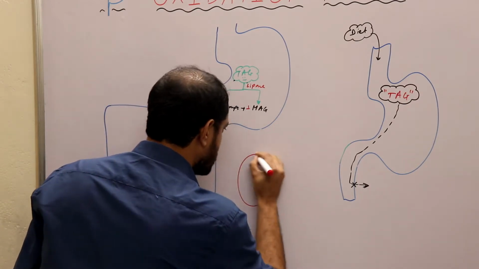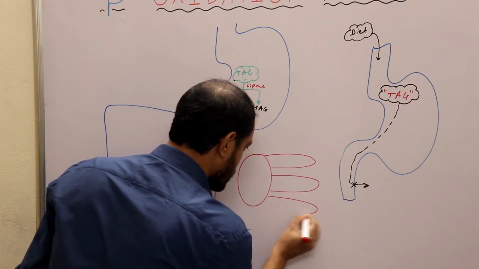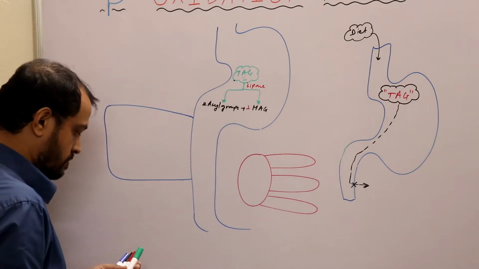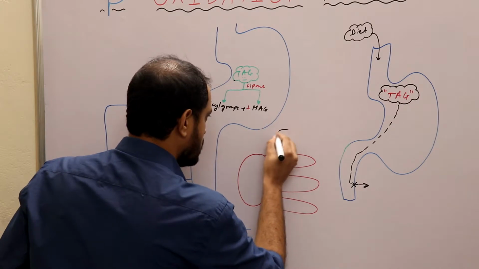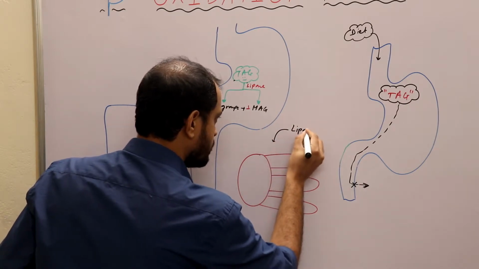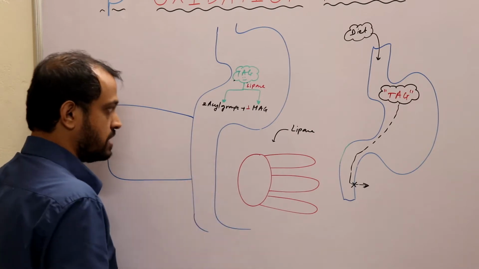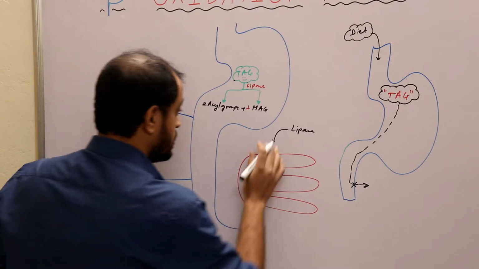Suppose this is your TAG. There are 3 legs. Now listen with all your attention, there are 3 legs, right? Suppose you have put some lipase here. We are not talking in detail about the absorption of lipid, because there are many factors like colipases.